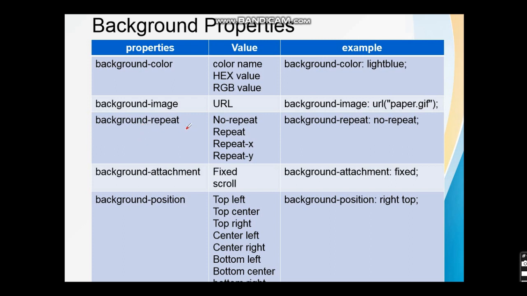Here this is background repeat. If you want to repeat the background, then you specify the value repeat. If you do not want to repeat the background, no repeat. This is how you can try the rest also. Background attachment, fixed or scroll. Background position, top left, top center. These are the values for the background positions, right?